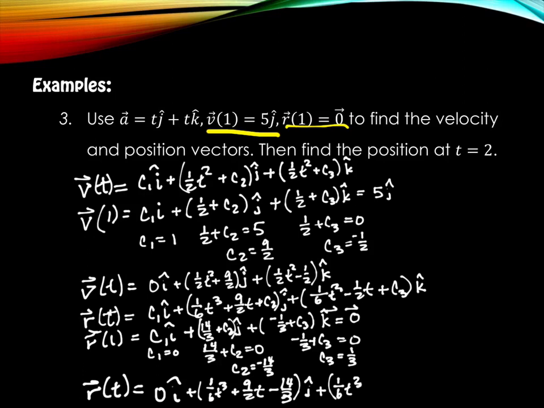Okay, I actually had a typo way back up there, so it's 1/6 t cubed, so this is 1/6 t cubed minus 1/2 t, and then we've got the c value, which is actually a 1/3, so plus 1/3, and that's the k component.